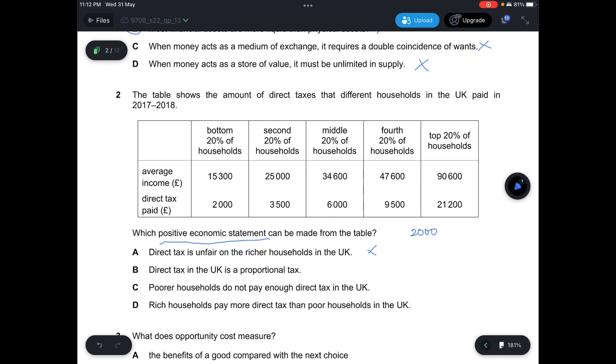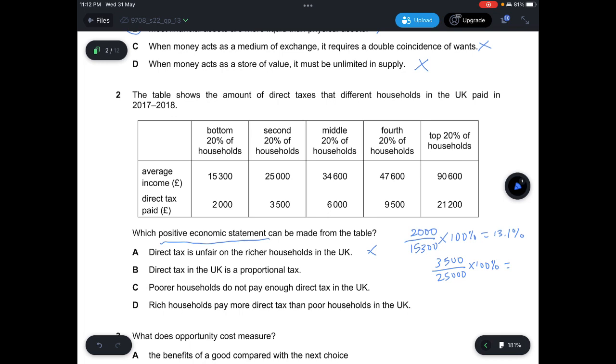So 2,000 divided by 50,300 times 100, we can just use a calculator, this one would be 13.1%. And then the second 20% of households, this would be 3,500 over 25,000.